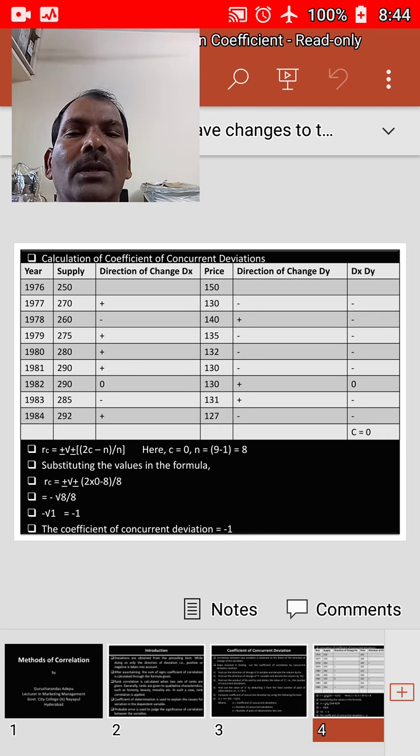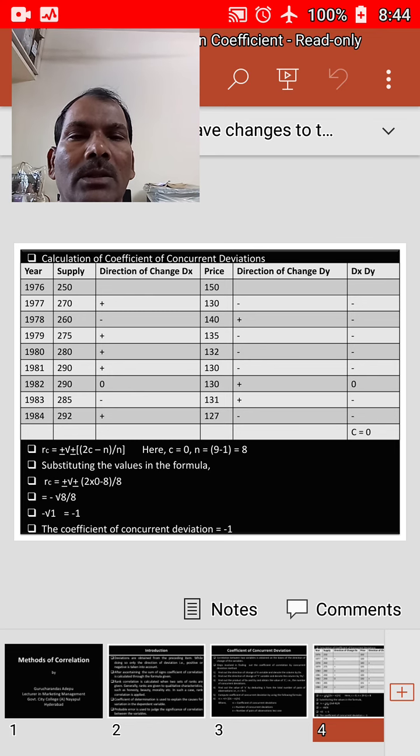In 79, plus into minus, minus. In 80, plus into minus, minus. 81, plus into minus, minus. 82, 0 into 0, 0. In 83, minus into plus, minus. 84, plus into minus, minus.